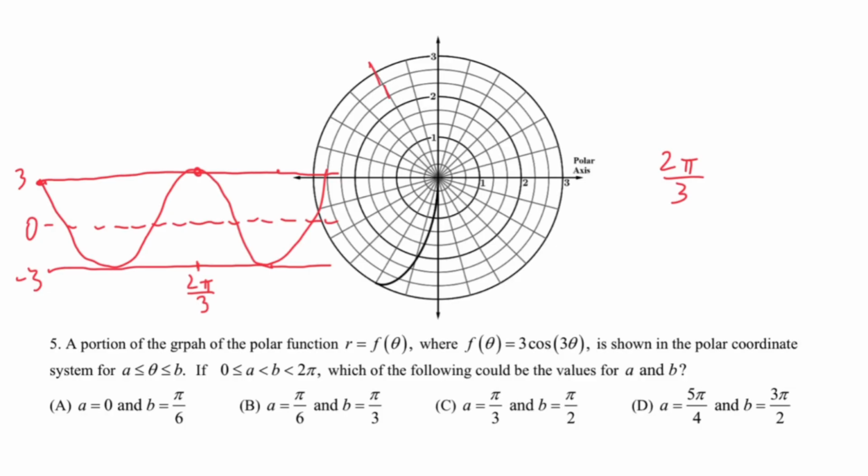So I'm going to trace that line so I know the values I might be putting on this rectangular graph. Half of this one period is pi over 3. Half of that I can see is pi over 6, which is right here.